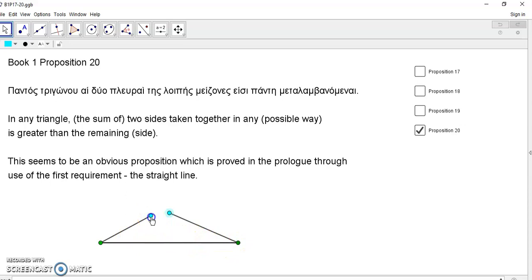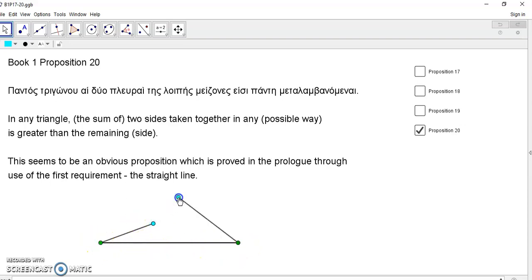So the only way that these two lines can be at least equal or shorter would be to lie on this line, because every other path that is not the shortest distance will mean that it's going to be longer than the shortest path between the two green points.